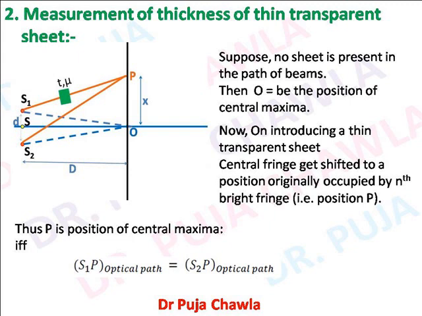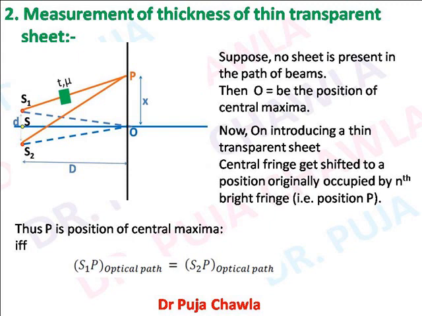Now, second step. Suppose a thin film of refractive index mu and thickness T is introduced in the path of one of the interfering beams. What would happen? The beam will be deviated from its path. How will the beam be deviated? Now the beam will not reach S1O.